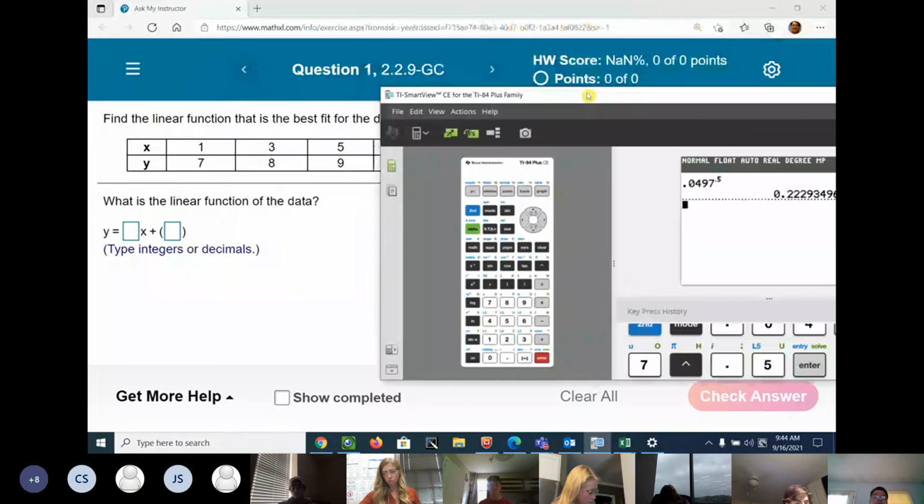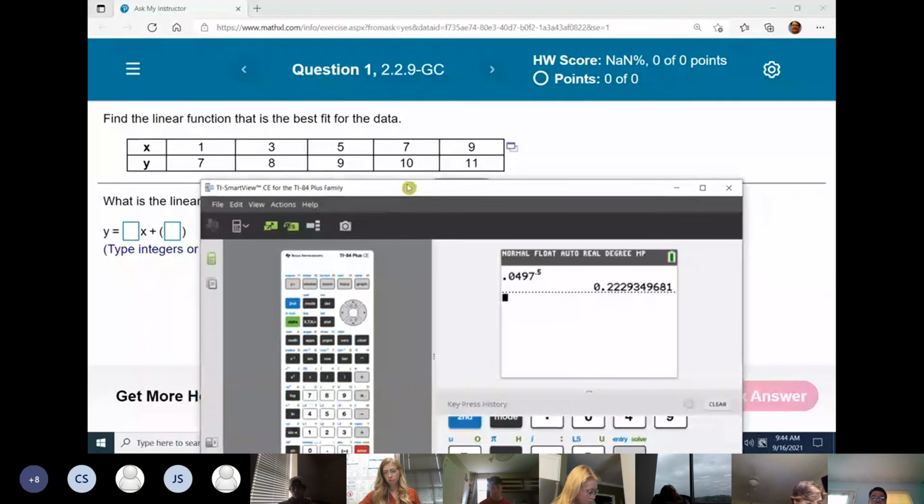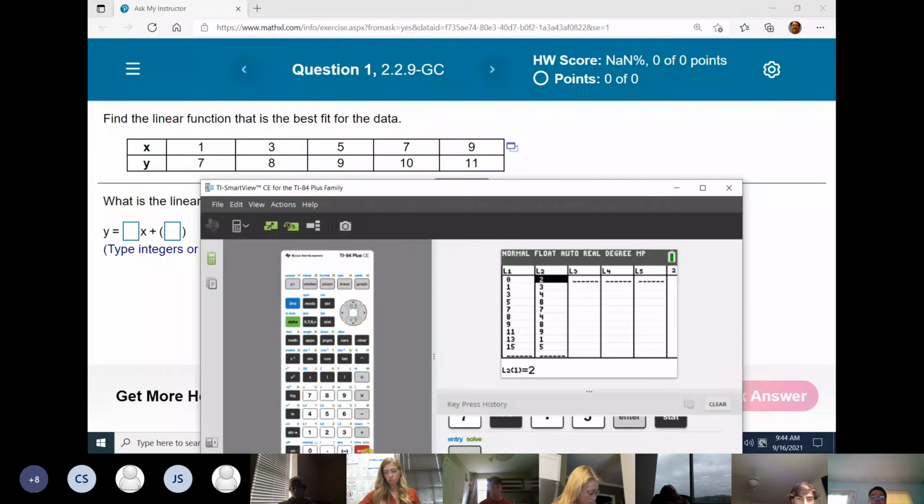And this is a test question because we're going to be doing this in the 130. So I'm going to hit Stat, Edit, and I'm going to clear both of these because I don't want to have to delete.